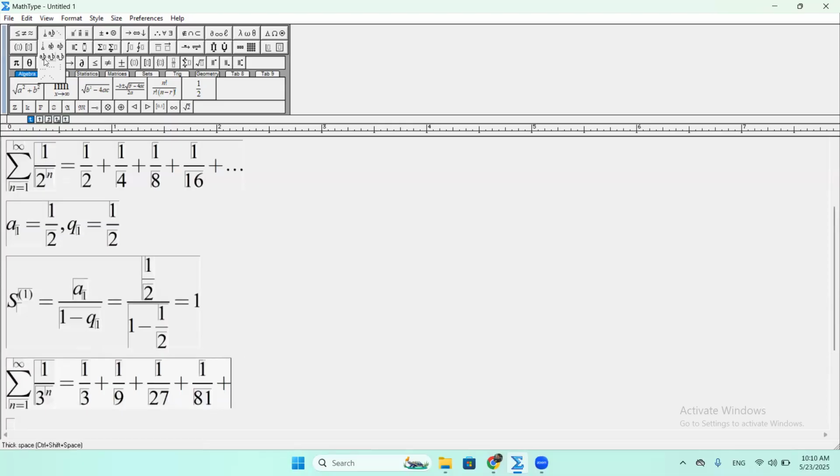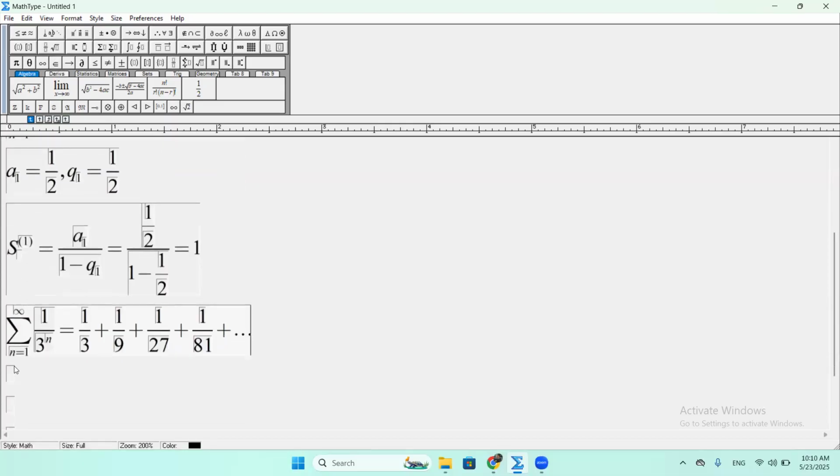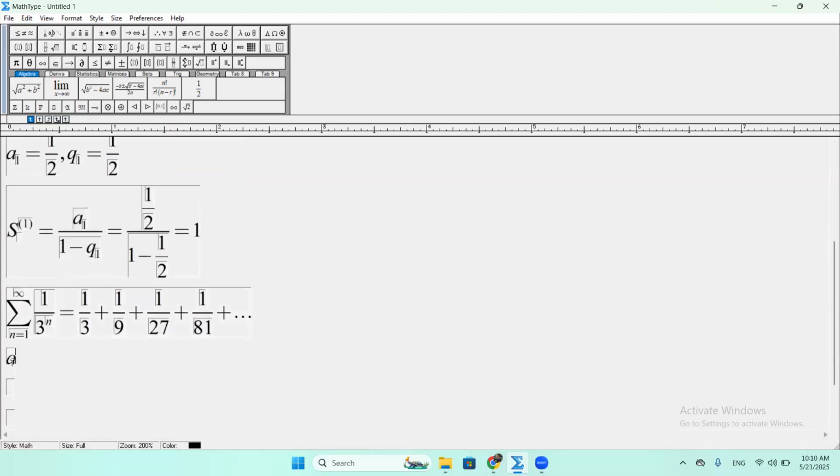So again, we have an infinite geometric progression. It is a geometrical series, by the way. It is an infinitely decreasing geometric progression. The first term is 1 over 3, and the denominator is 1 over 3 as well.